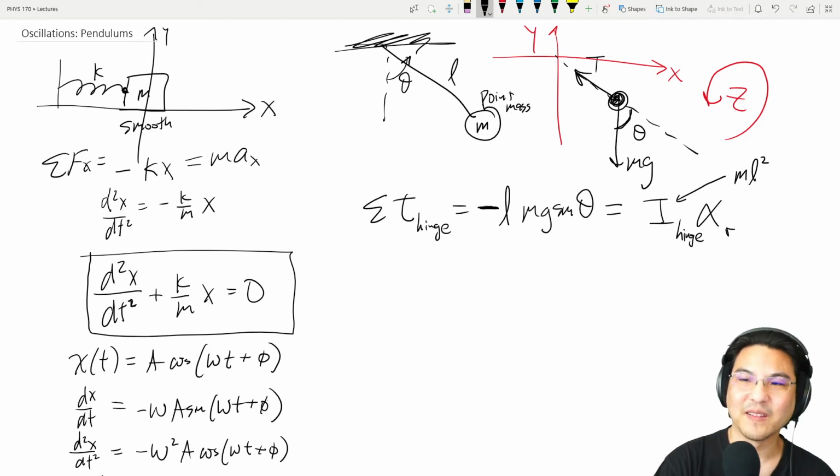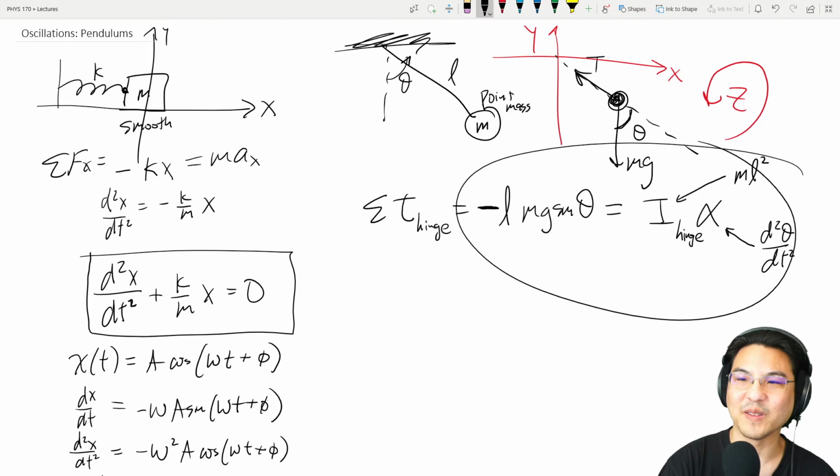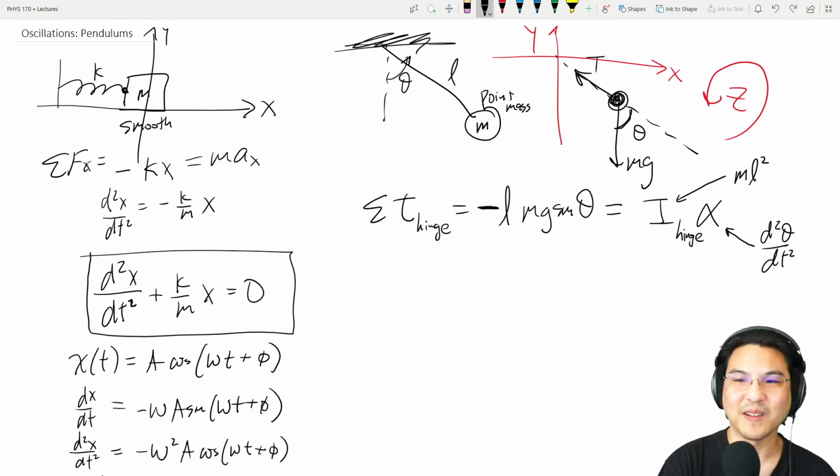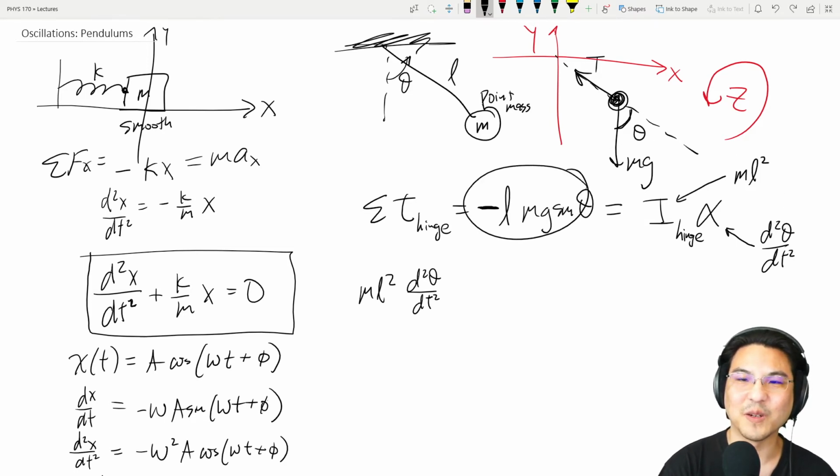Okay, and then notice that angular acceleration is the second derivative of the angle, like this. So if I write all this together, so I alpha, ml squared alpha, and then why don't I move this on the other side of the equation, plus lmg sine theta equals 0.